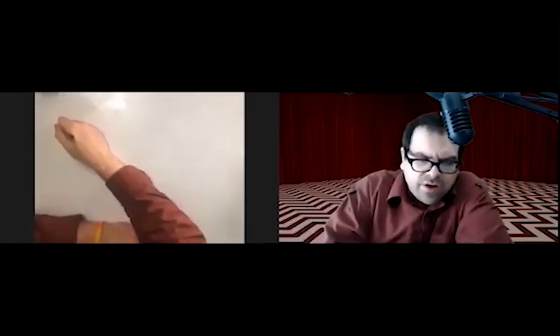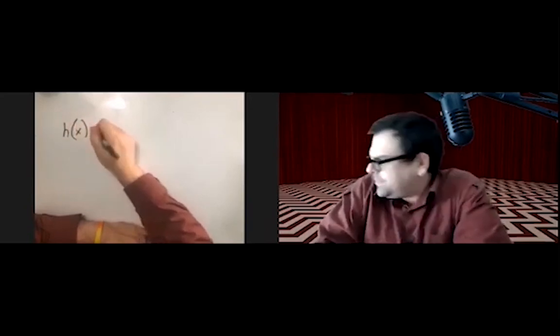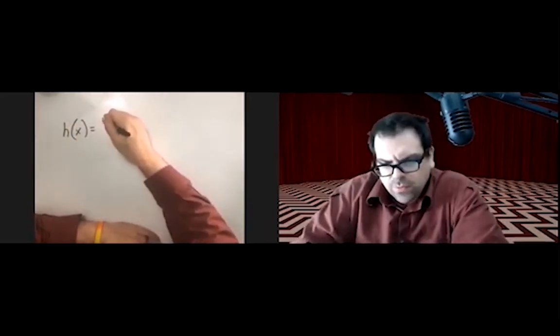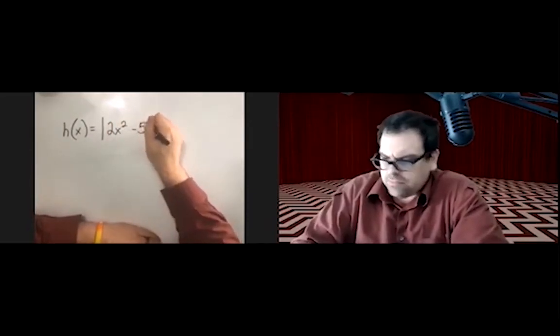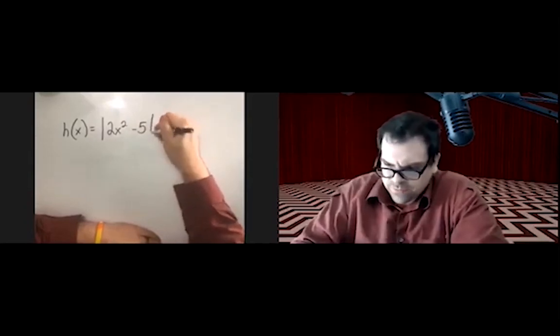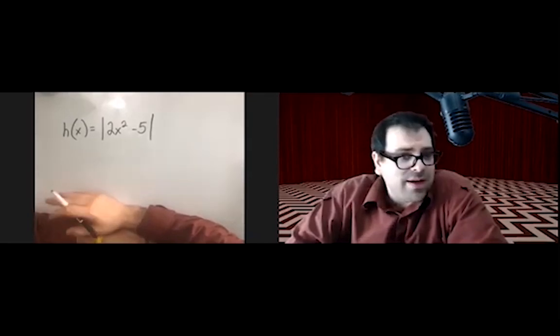Let's say we had a function h of x equals the absolute value of 2x squared minus 5. Now, for once, we're not going to try to graph this. We're not going to move something up, down, left, right.